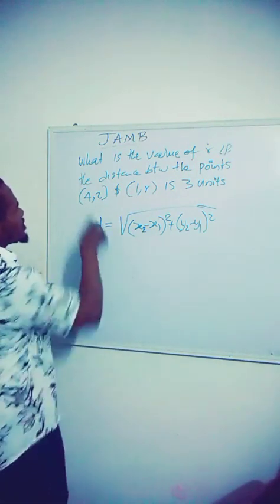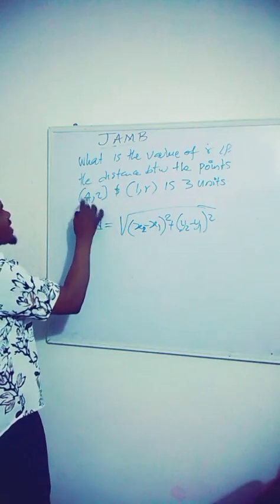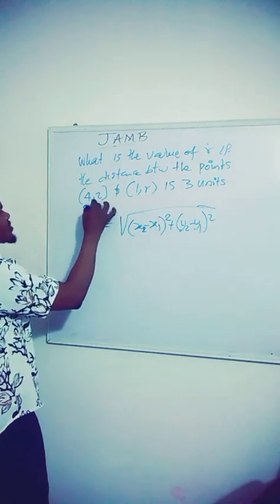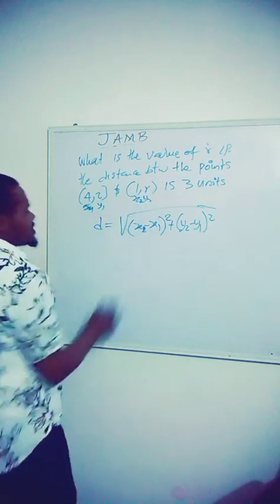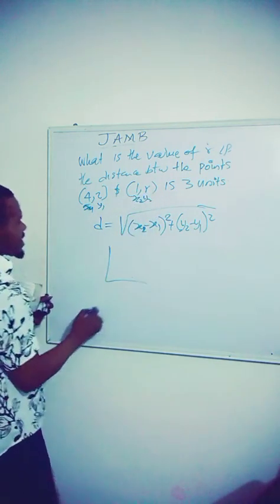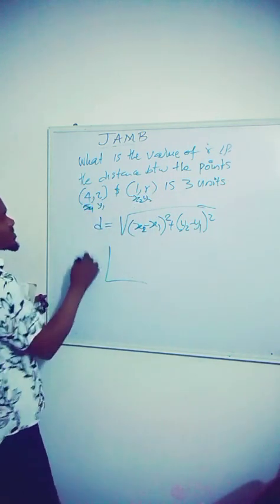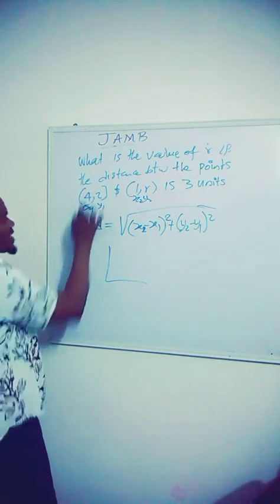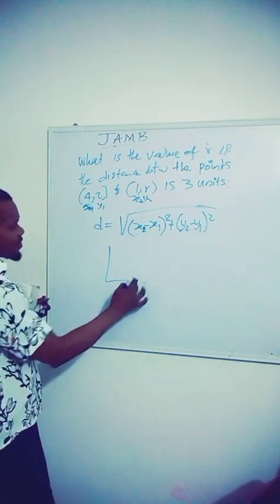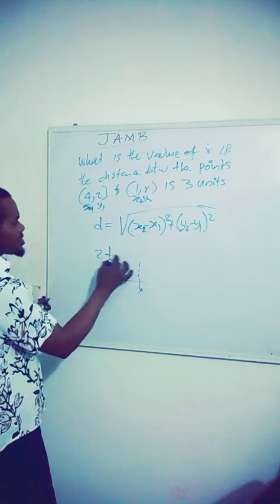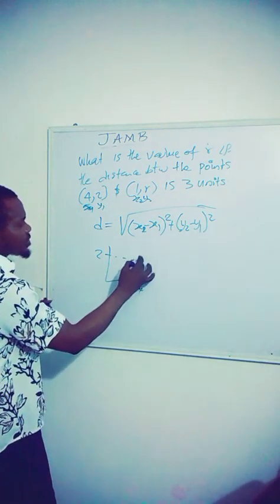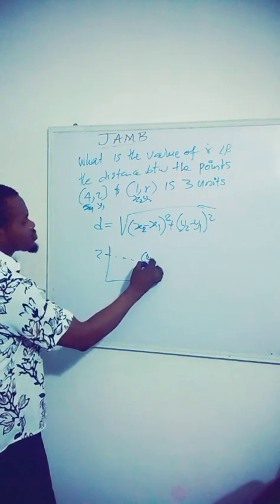Now, this is x1, y1, x2, y2. If you have a graph and this is point 1, when x is 4, y is 2. So if here is 4 and y is 2, where do they meet? They meet at this place. This is the point (4,2).